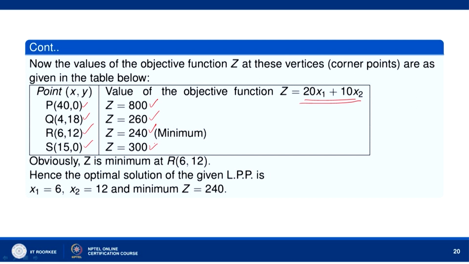So, whichever is the least, 240 is the least value, 240 is the minimum value, and it occurs at the point 6, 12. So, Z is minimum at the point R, and the optimal solution of the given LPP is obtained at x1 equal to 6 and x2 equal to 12, and the minimum value of Z is 240.